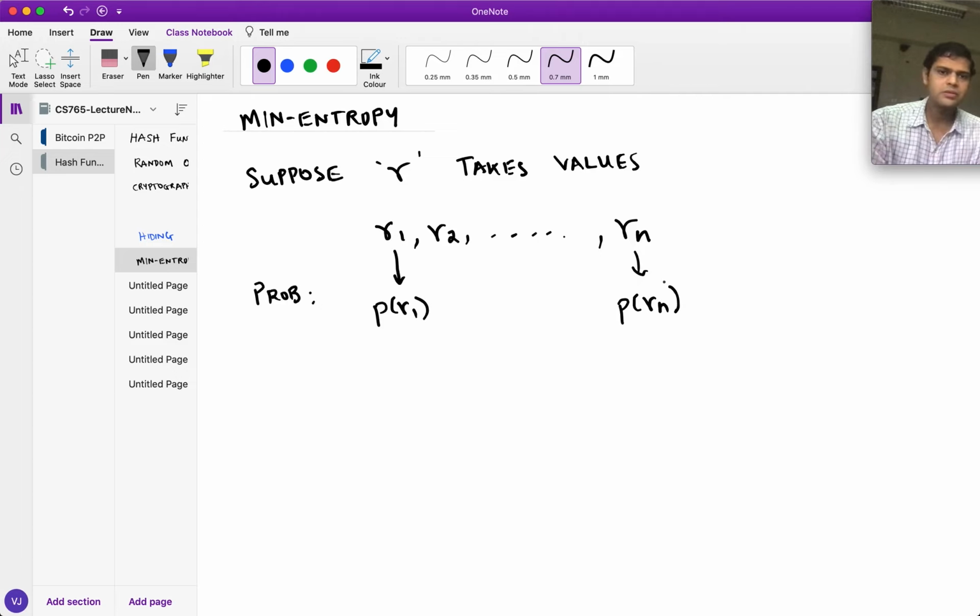Now I want this to be a very random function, essentially something like a uniform distribution where all these probabilities are more or less equal.